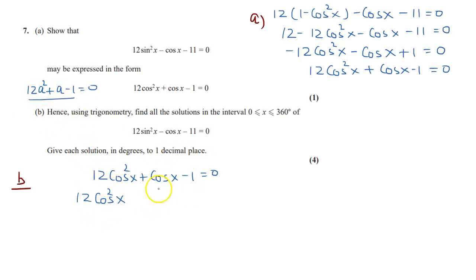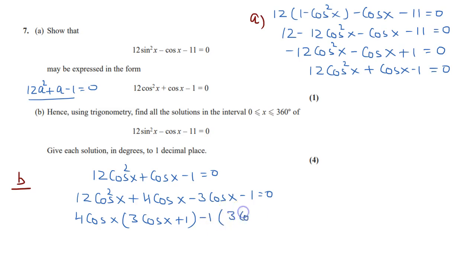Instead of a, we are writing cos x. So 12 cos square x plus 4 cos x minus 3 cos x. 4 cos x minus 3 cos x is just cos x, minus 1 is equal to 0. I have taken 4 cos x as common. So this is 3 cos x plus 1, minus 1 common, 3 cos x plus 1.